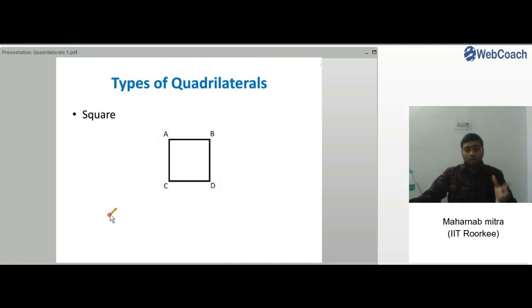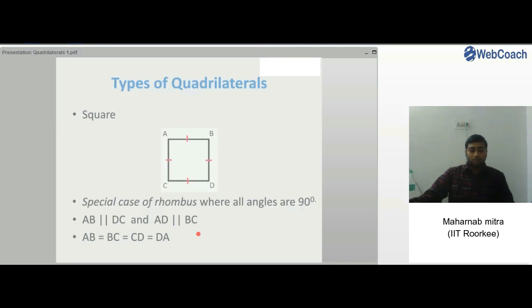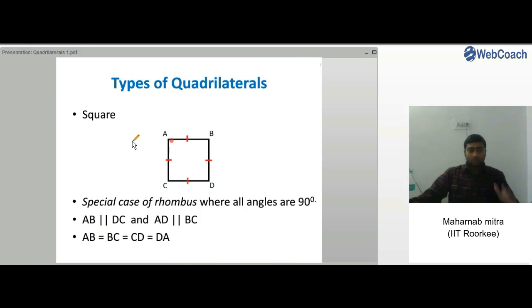So let us talk about square, the most common figure we use. So you can see here, the square is named as ABDC. So we will have certain changes here, don't worry.